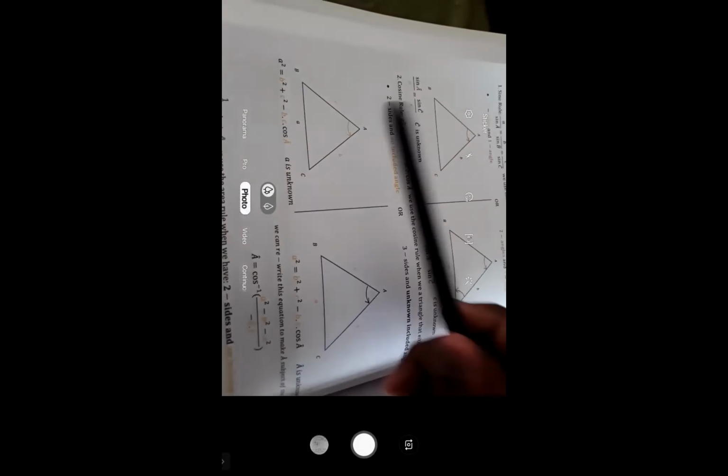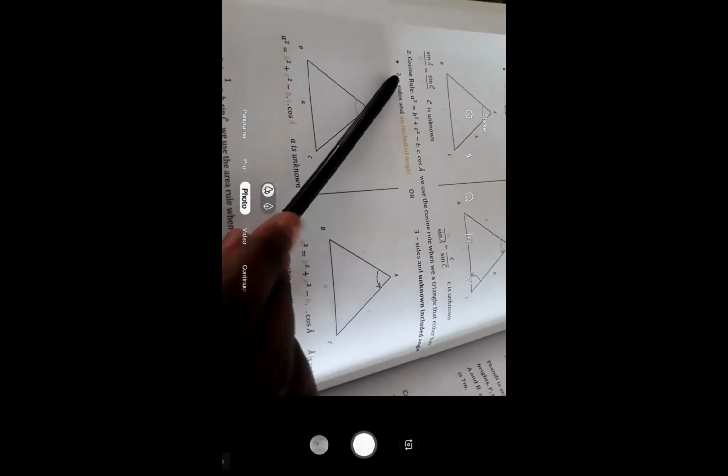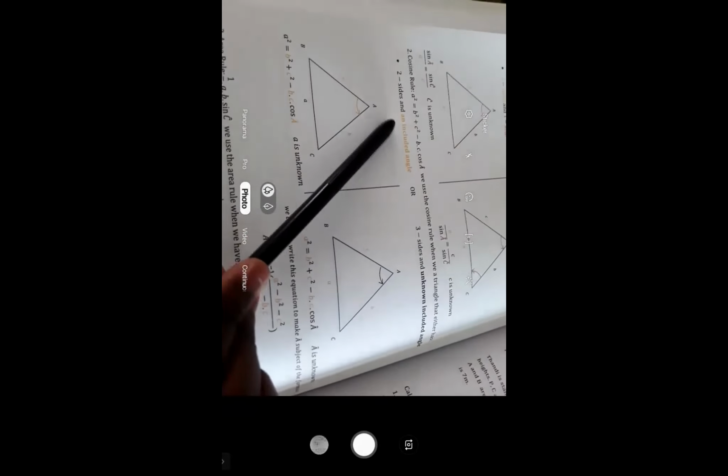Also, if maybe we have 3 sides given. Over time, you'll be able to recognize that if you're ever going to use the cosine rule, as long as you don't have 2 sides given, you won't even consider it at all. So that's the indicator that you need at least 2 sides given and an included angle. The included part is even highlighted because if the angle is not there, you still can't use this. If it's 3 sides given, then it's fine. You will have an unknown angle anyway. So that's why you'll want to use the cosine rule.